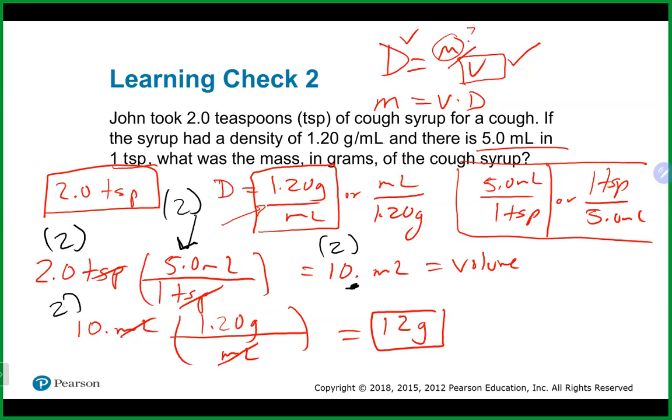So that is 2 sig figs times 3 sig figs, which means we should end up with 2 significant figures when it's all said and done. Any question on any part of that? Question on density. You do need to know density's formula, how to rearrange it, and how to solve for it. Any questions? Okay, that's going to wrap up chapter 2 for us.